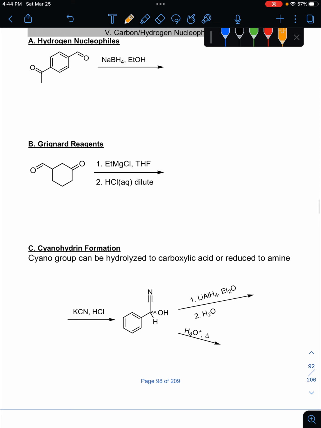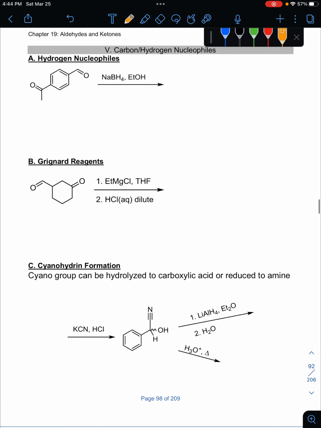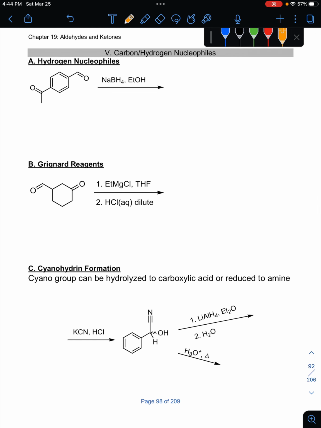And along a similar line, meaning a reduction type of reaction. This should be just a review of something we've done before in the alcohol chapter, but remember aldehydes and ketones can also be reduced by a hydride source like sodium borohydride or lithium aluminum hydride.